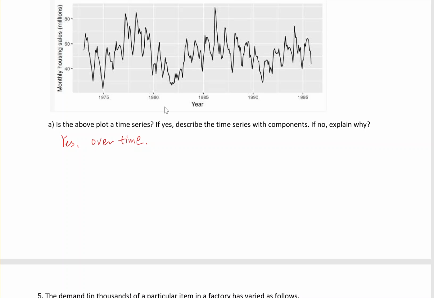The first one is the trend component, next one, seasonal component, next one, cyclical component, and the last one, irregular component.